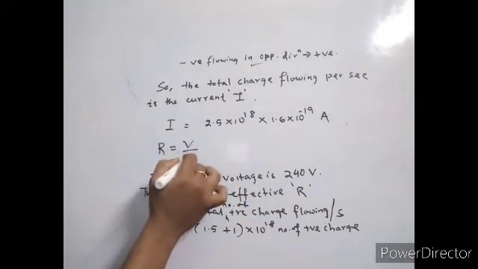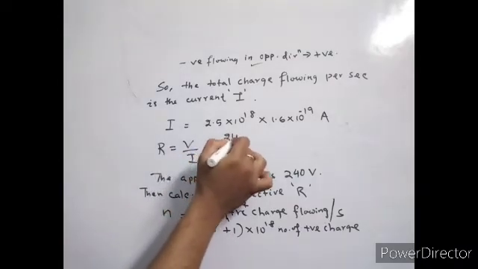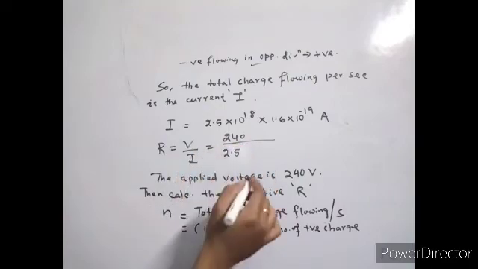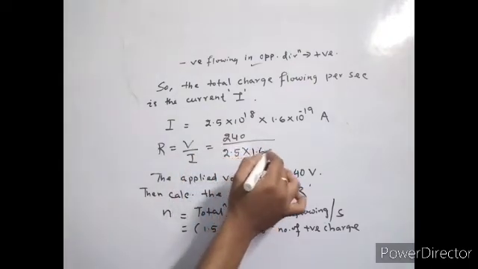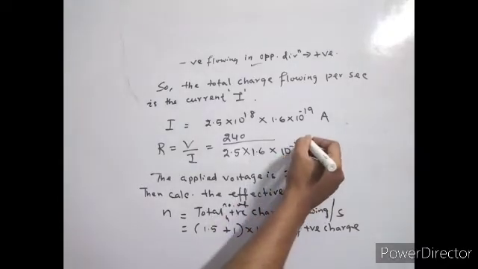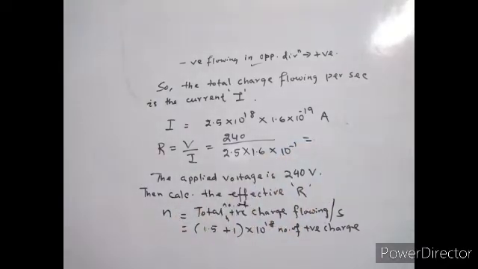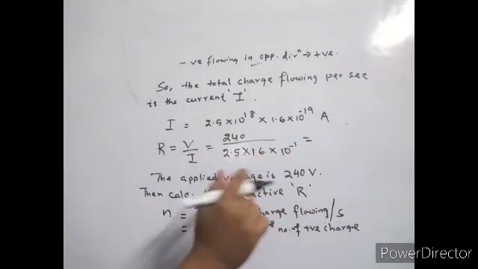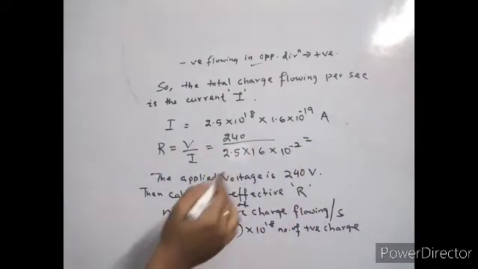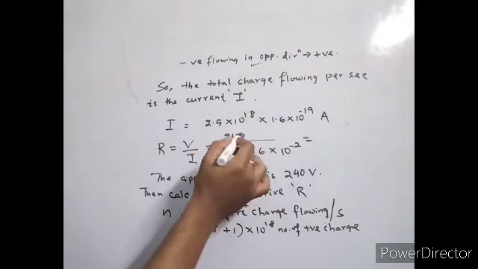So now we can calculate the effective resistance, which is equal to V by I, and V is 240 divided by I, that is 2.5 times 1.6 into 10 to the power minus 1, which comes from 10 to the power 18 and 10 to the power minus 19 multiplied. This results in 1.6 converted to 16, and we can take 10 to the power minus 2.